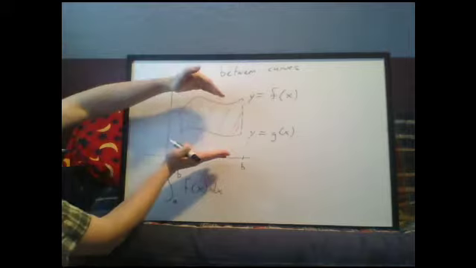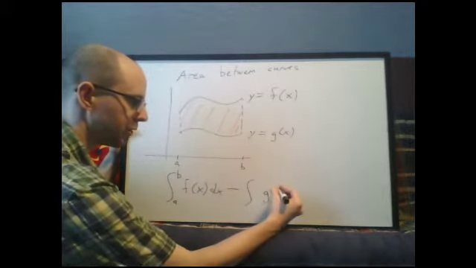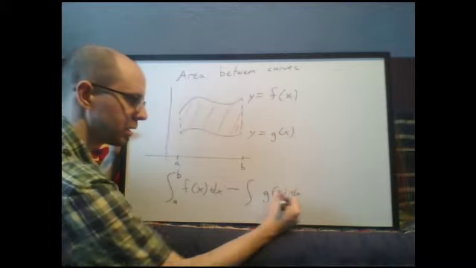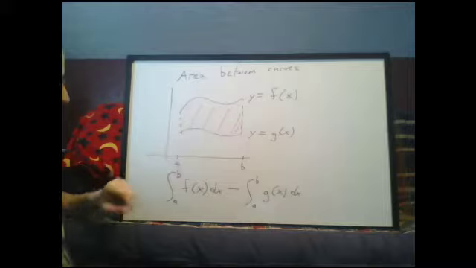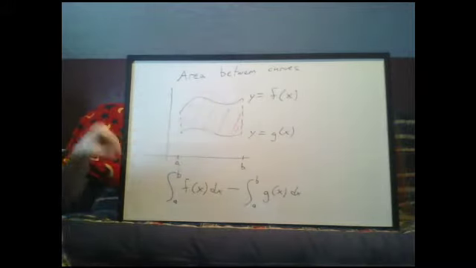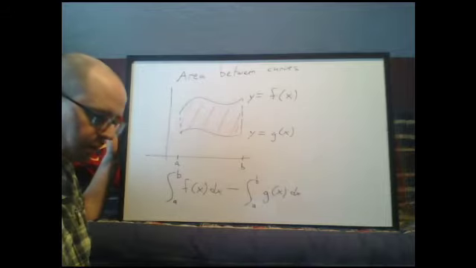That would be the total area underneath f. I need to subtract the integral of g of x dx from a to b. That would be the unshaded part. So if I subtract, that leaves me with just the part in the middle.